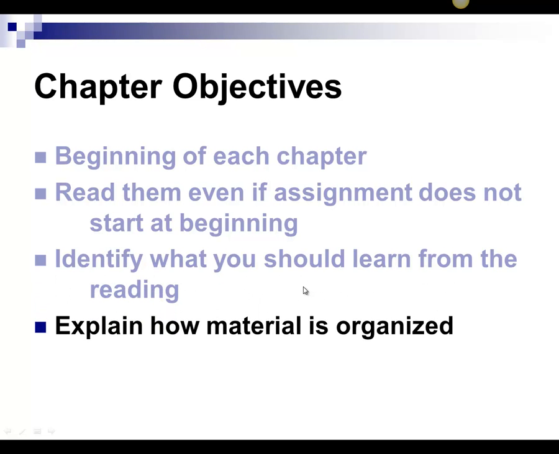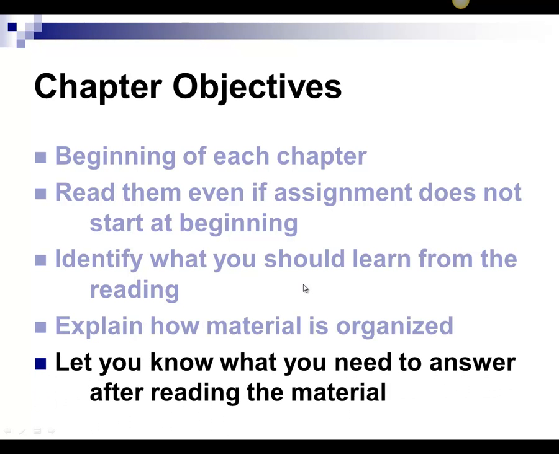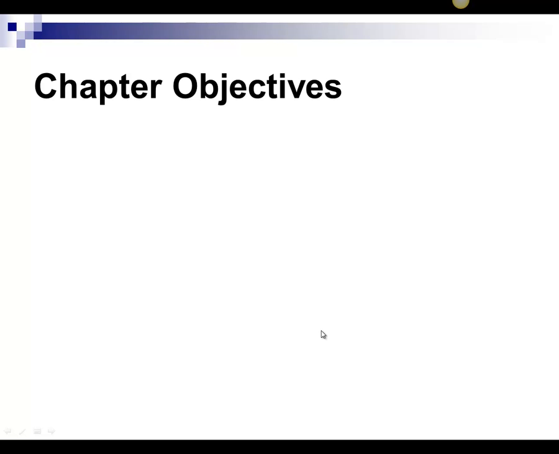The chapter objectives will give you an explanation of how the material in the textbook is organized, and help you, once again, to guide you as you go through that information. And they, again, tell you what you should know after you've read that assignment. They really and truly lay out for you what the chapter or that section of the book is going to cover and provide you then with guidance as to what you should be learning from that writing, in addition to the unit objectives.